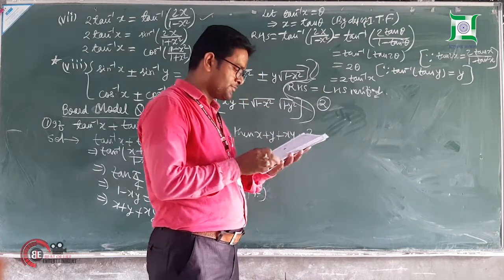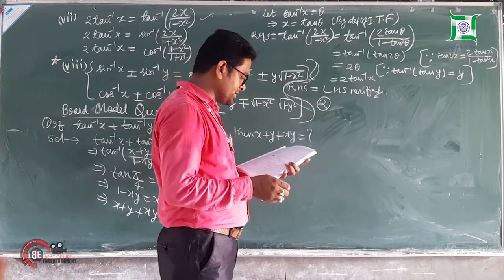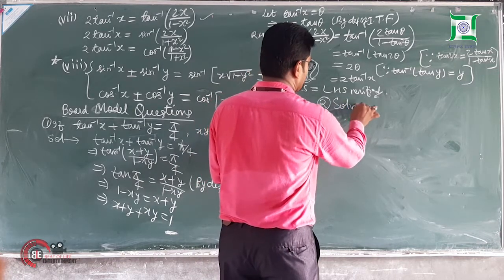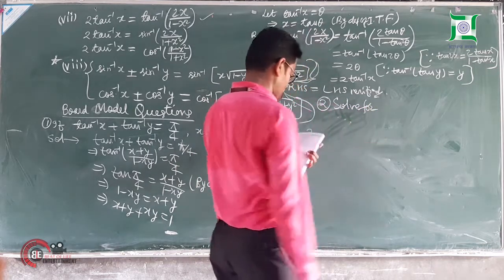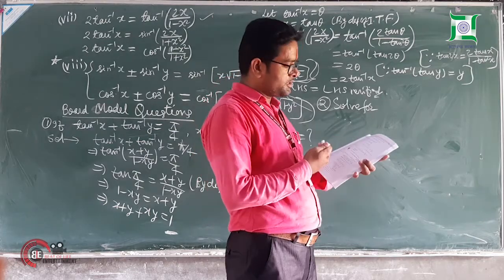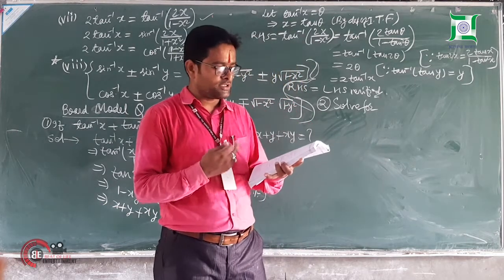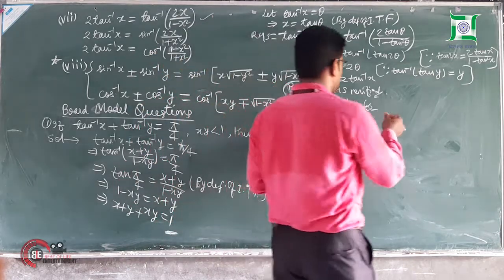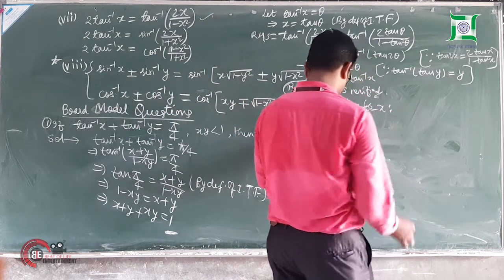Now see, one question is here. Solve for x. It had been asked in the previous year board exams in year 2008, year 2015, the same question. Solve for x.